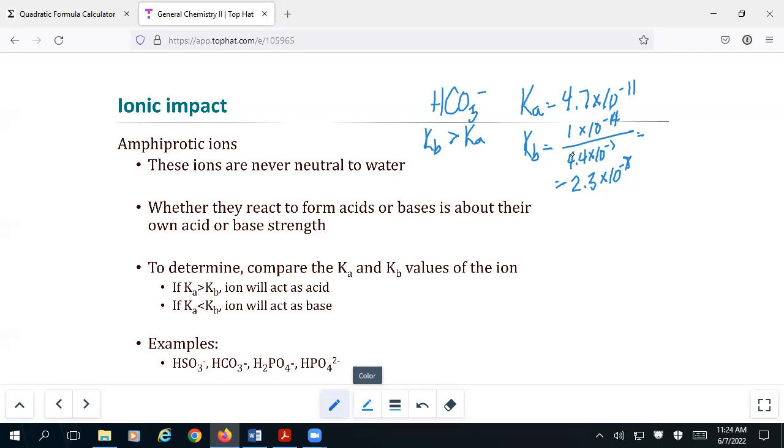We could do similar kinds of quantitative studies for the other ions on this list and uncover their natural tendency if we were to put them into water with other neutral ions.